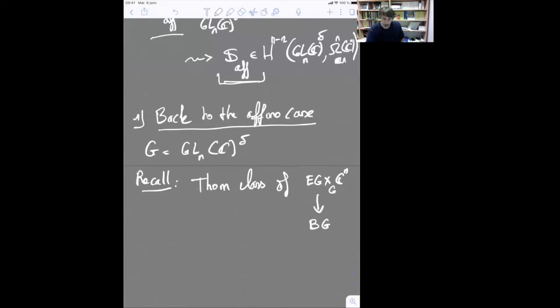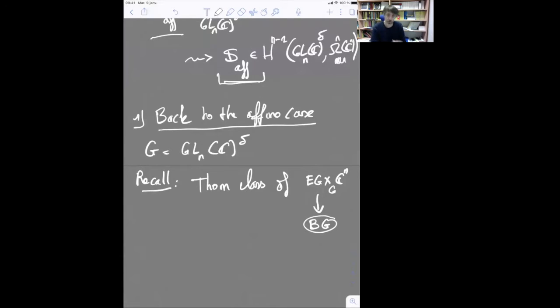But I know some of you have reacted to this, and you're right. I said, okay, how do you prove that? You consider the connection of the bundle, and because it's flat, the curvature is 0, and so the class is 0. But here we are working over BG, which is not a manifold. So what does it mean to consider a connection?